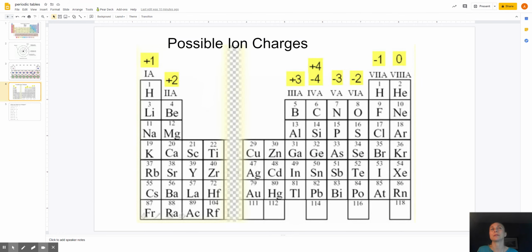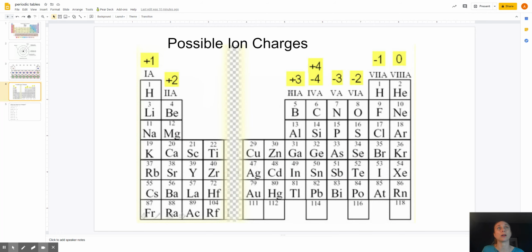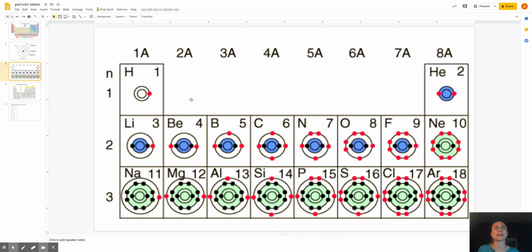And oxygen is going to do 2. It's missing 2, so it's going to gain 2. So we're going to make sure that oxygen, if it becomes an ion, it will be an anion. It'll be -2.